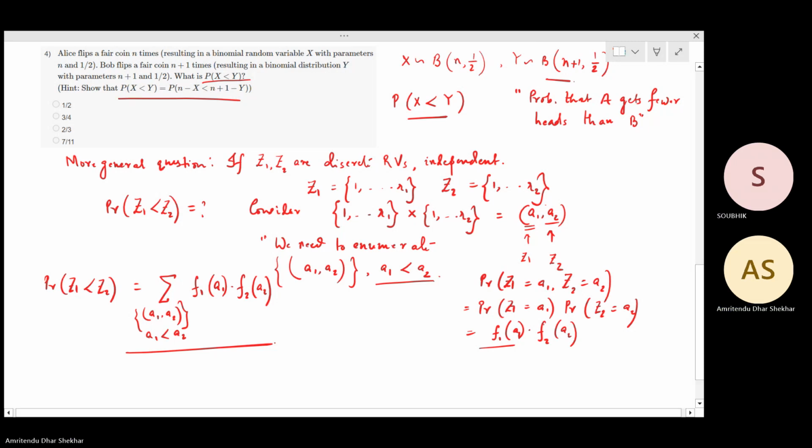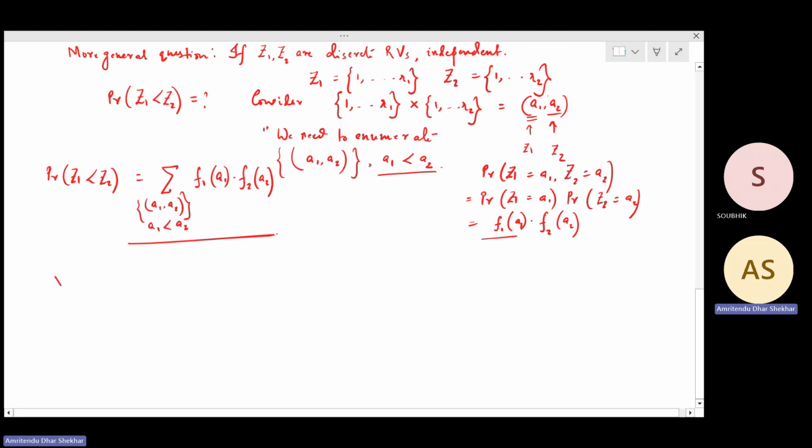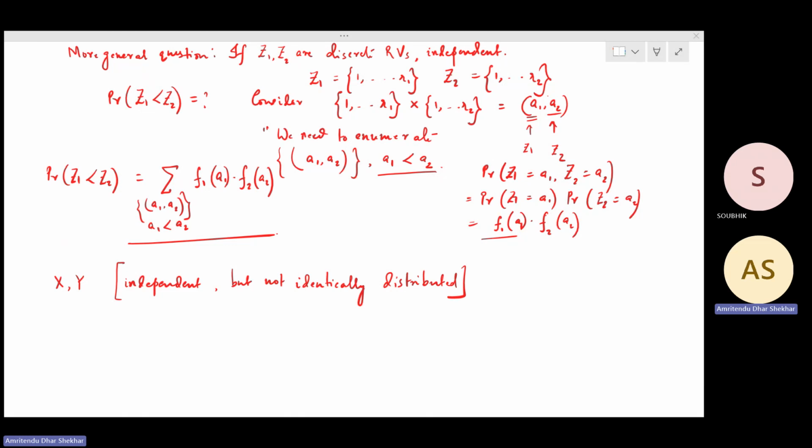Now let's use this for the current problem. We have two random variables, X and Y. They are independent, but not identically distributed. Can you tell me why they're independent?